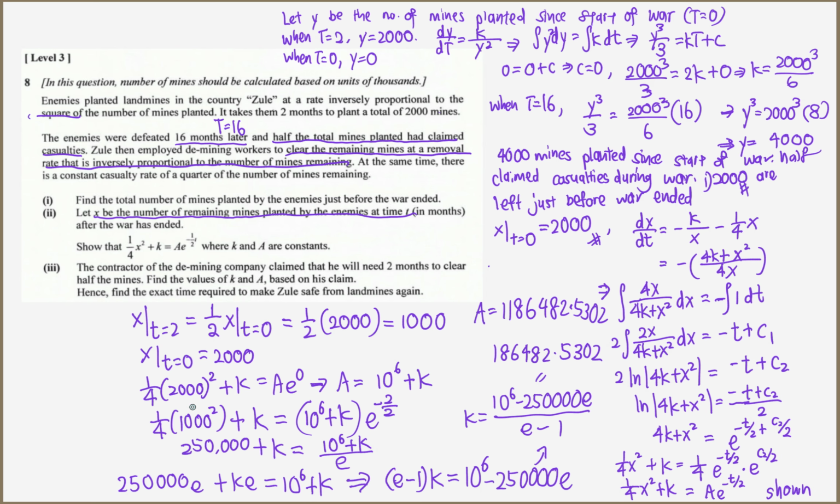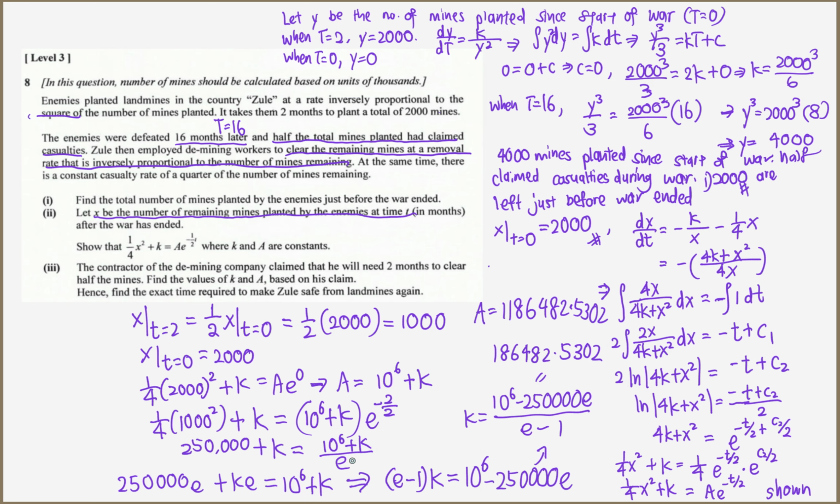So 1/4 multiplied by 1000 squared plus k equals a, which we found earlier is 10 to the power of 6 plus k, multiplied by e to the power of minus 2 over 2. So e to the power of minus 1 is just 1 over e. This becomes 10 to the power of 6 plus k over e, and this part, 1 million divided by 4, is just 250,000 plus k.